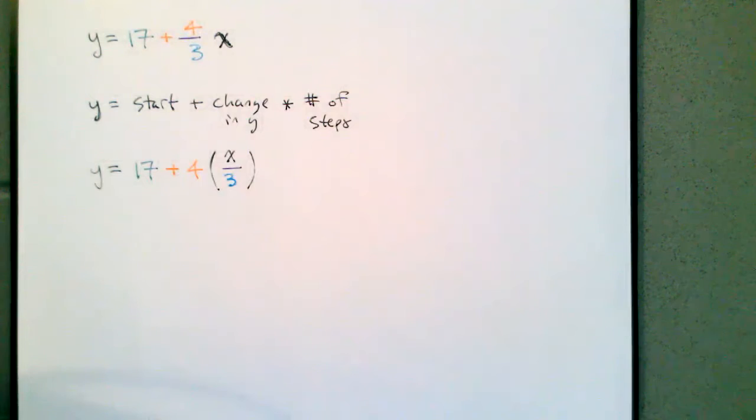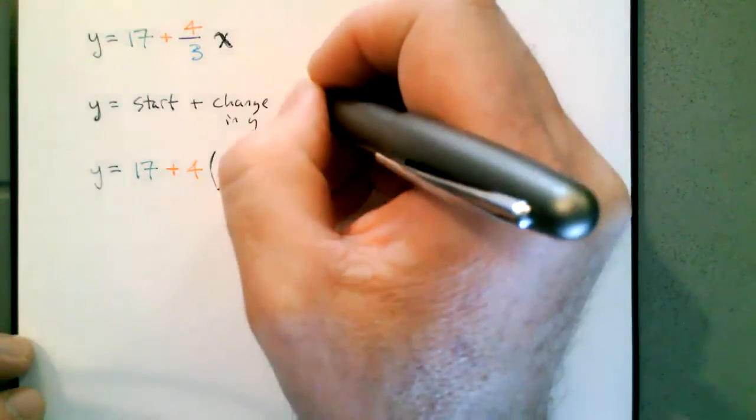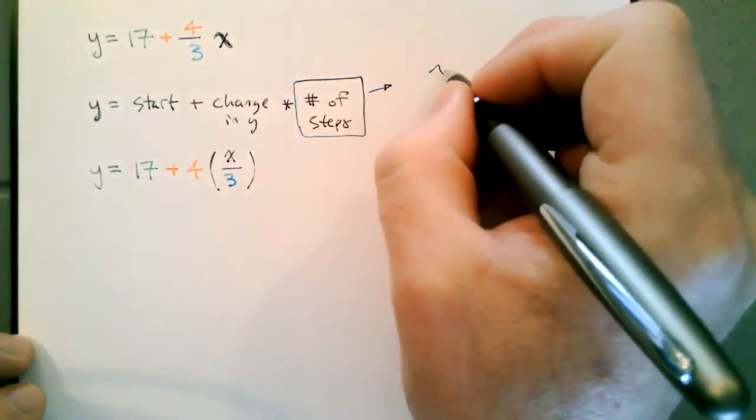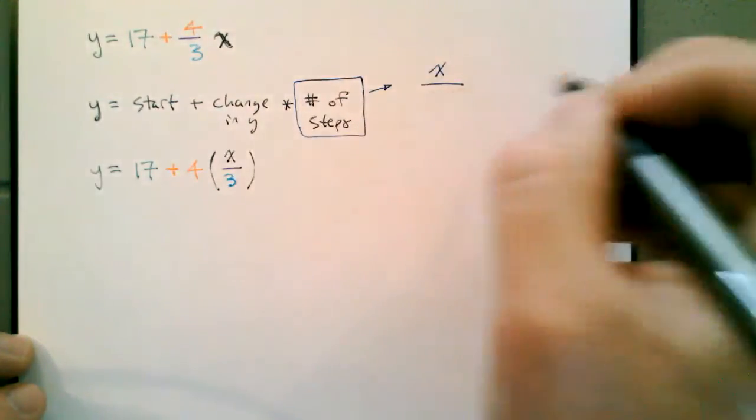Because I can write the number of steps as x divided by the step size. The number of steps that we're taking is x divided by the step size.